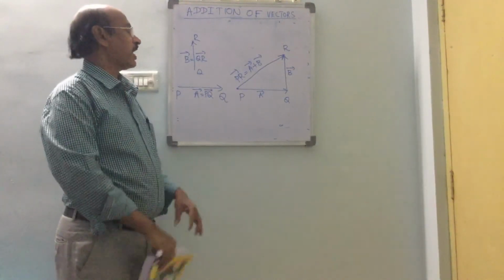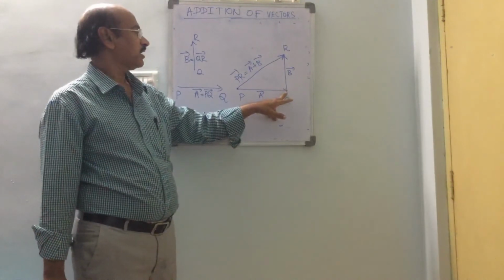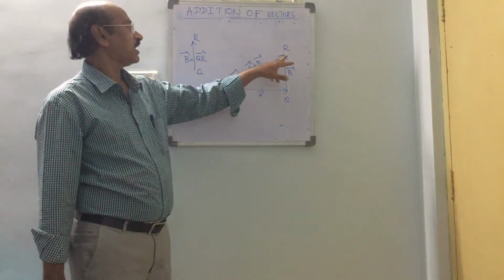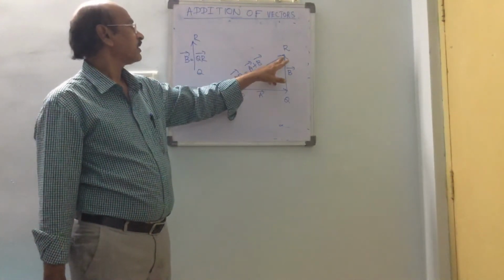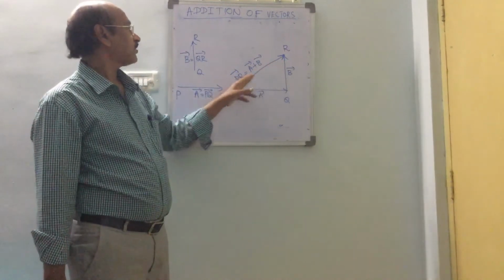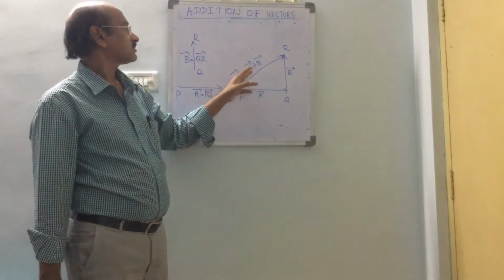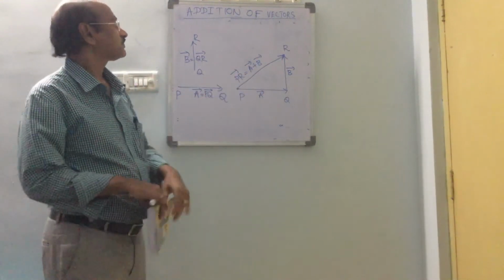So to add two vectors, we place the tail of the second vector at the head of the first vector and join the tail of the first vector with the head of the second vector. Then we obtain the resultant of the two vectors, that is PR bar or C bar equal to A bar plus B bar.